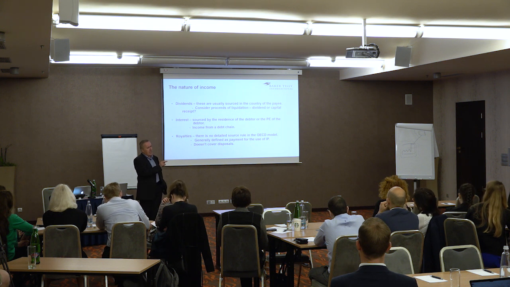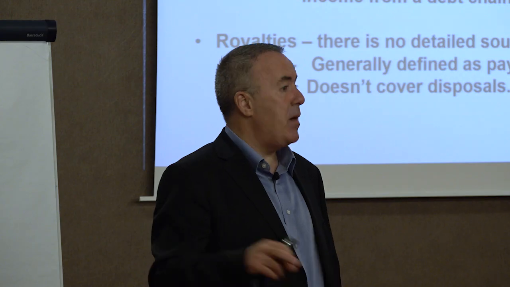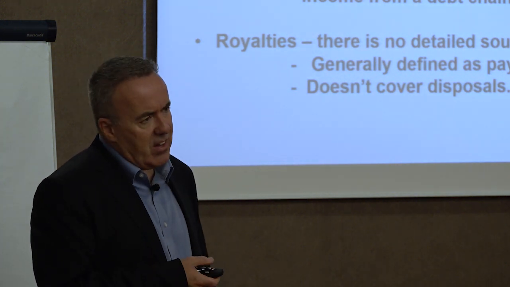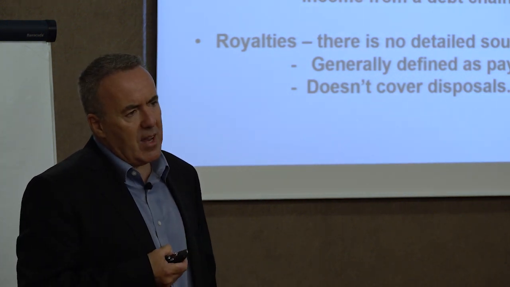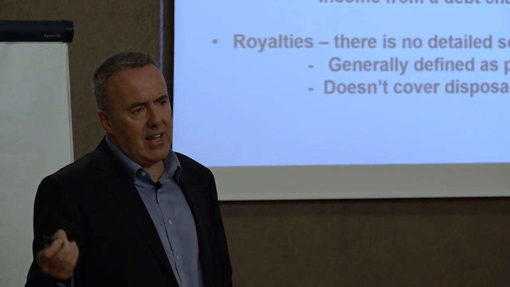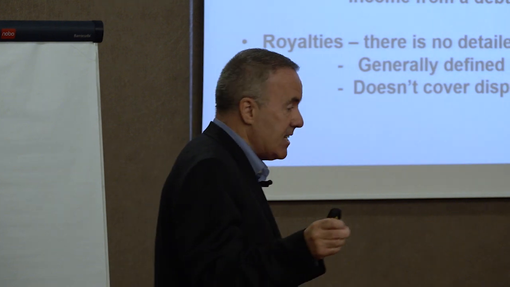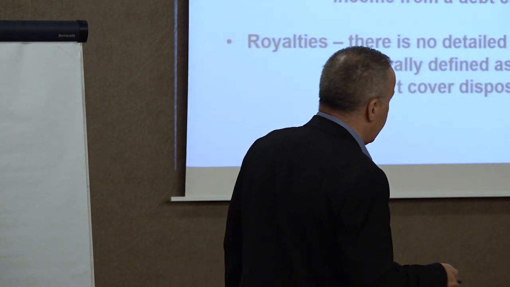You can have party A using the IP, party B actually paying on behalf of party A for the use of that IP, quite common. And actually, is that a royalty payment? If you sell royalties, is what you receive a royalty income payment? These things aren't always clear, and it does depend upon the local rules of taxation of those events and also the local law as it applies to royalties.